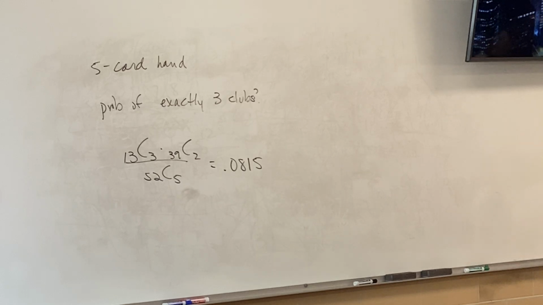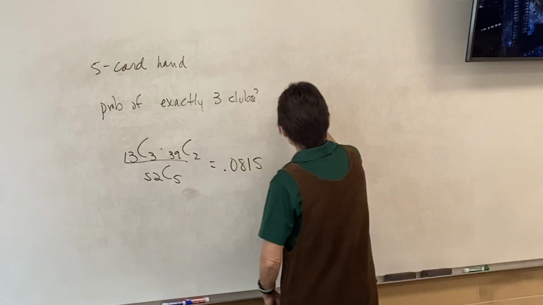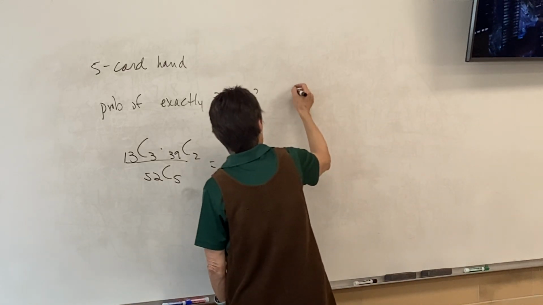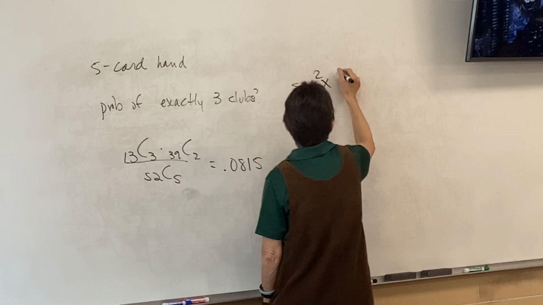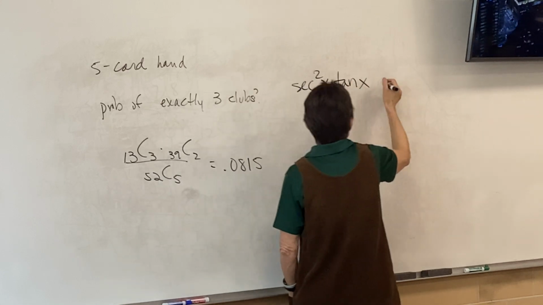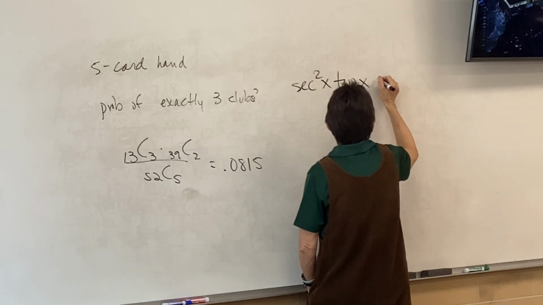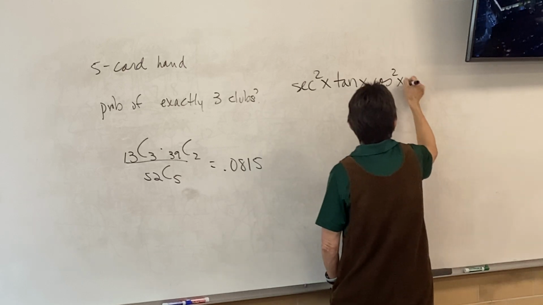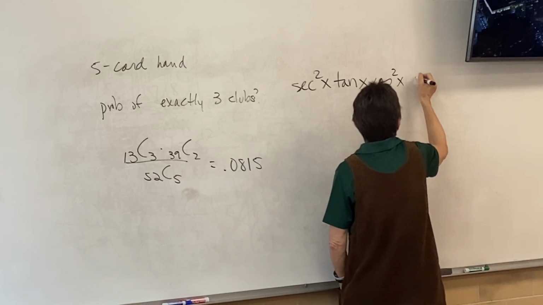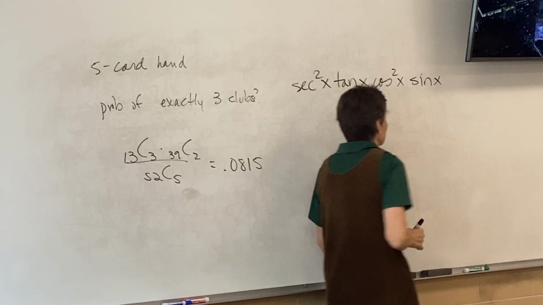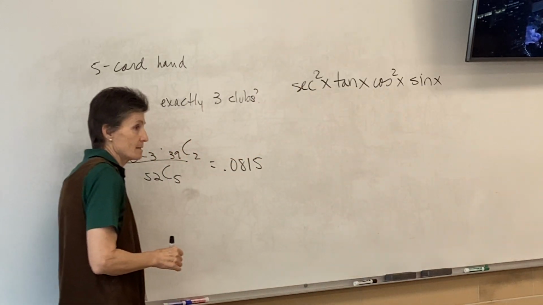Okay, I already did one of these, but I'll do another one. So we have to simplify. Oh, let's say secant squared tangent, cosine squared, sine. Alright, so we're going to simplify this.